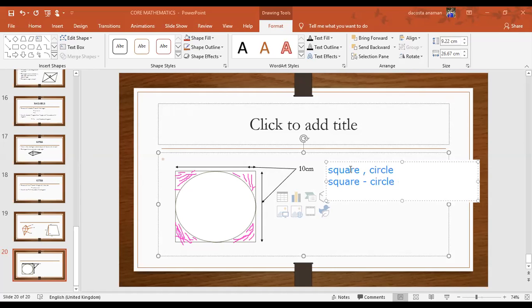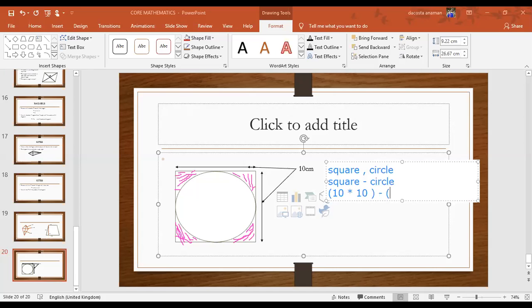Okay. So, the area of a square is length times length. And we know that our length is 10 centimeters. So 10 by 10, that will give us what? 100. Then minus the area of a circle, which is what?